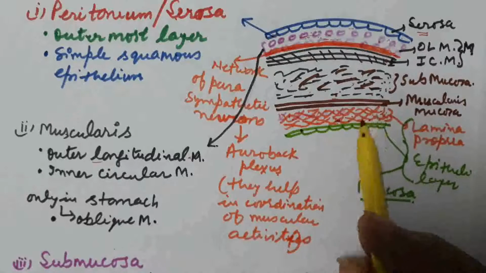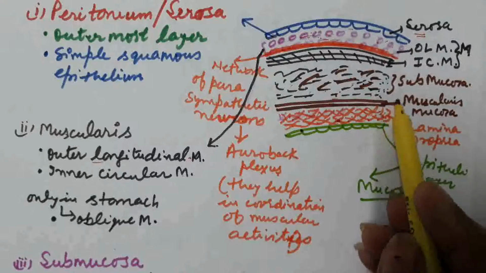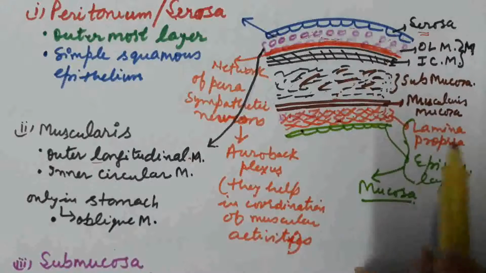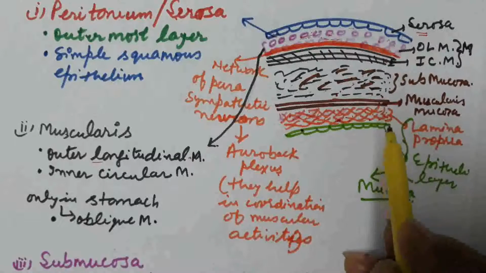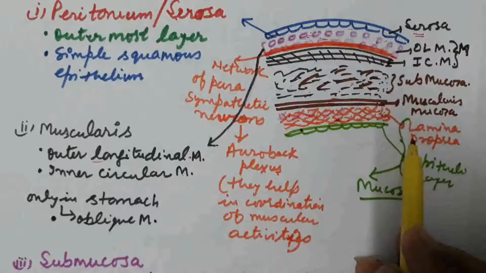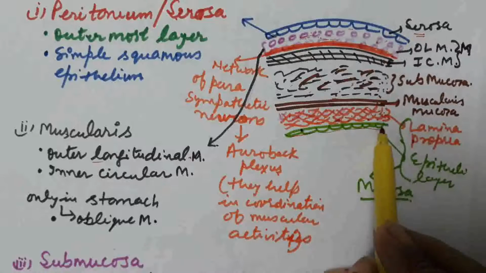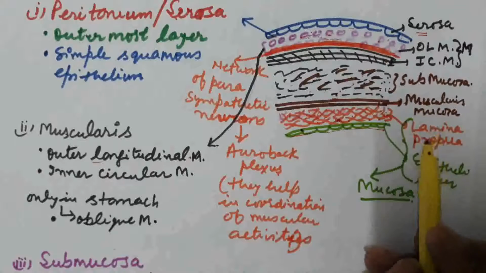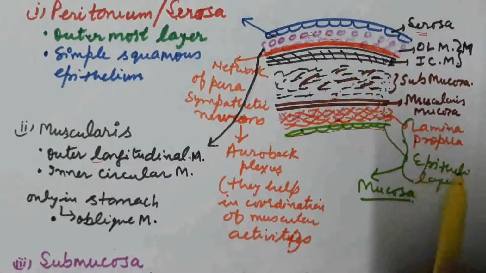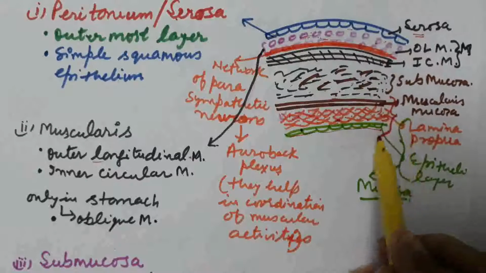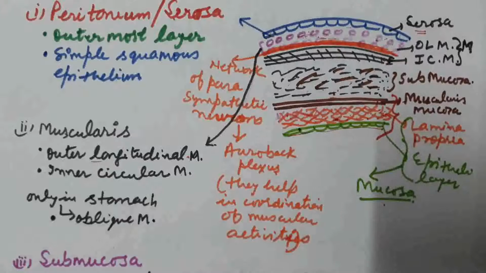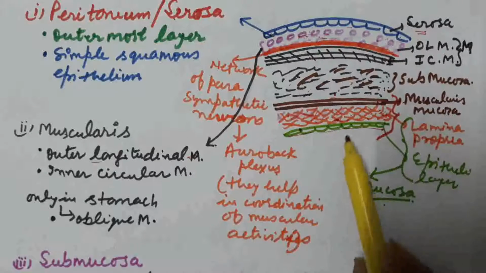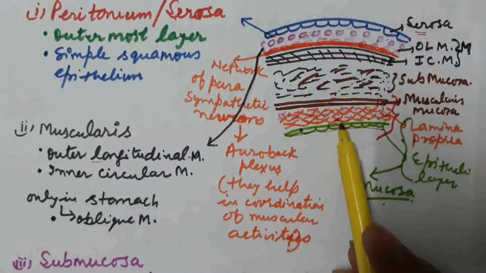The first layer is muscularis mucosa, which forms the first layer of the mucosa layer. Second layer is known as the lamina propria, and third layer is epithelium. The muscularis mucosa, lamina propria and epithelium, these three together constitute the mucosa layer, which forms the innermost layer of the alimentary canal. This epithelium is glandular. Gland cells are present in it.